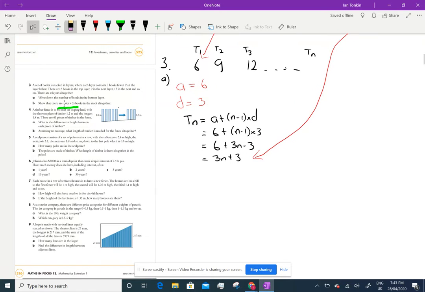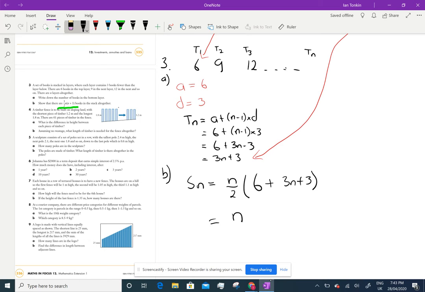So for part B, the sum of all the layers is n on 2, the first term, 6, plus the last term, or the nth term, 3n plus 3. Well, that's n on 2 times (3n plus 9).